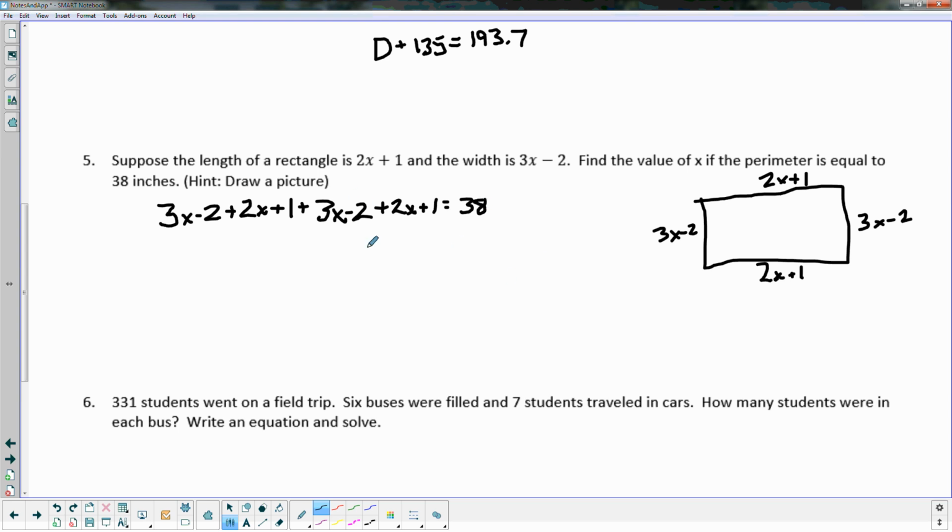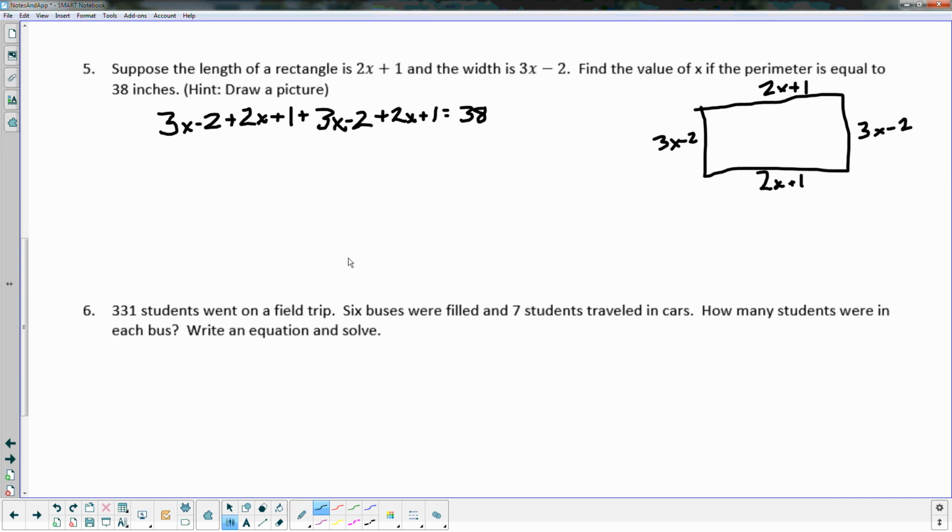And all I would have to do is combine my terms on this side. I should just have something x plus or minus some number, and then on the right side I have 38, and I should be able to solve that equation.